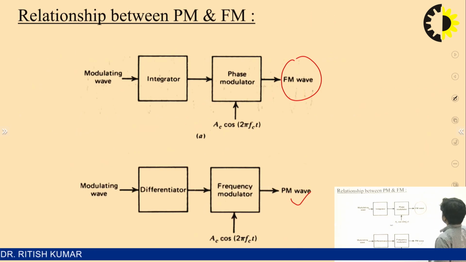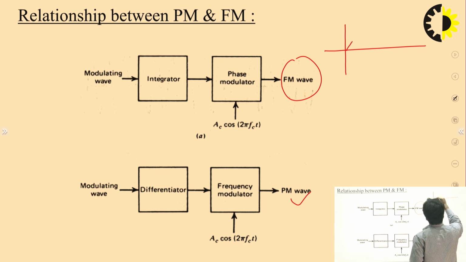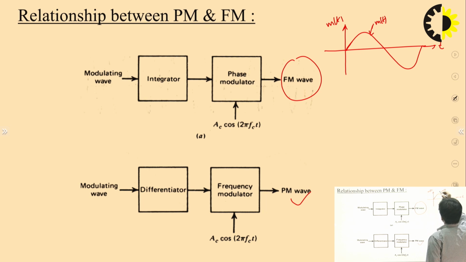So you can see, if you treat the message signal for frequency modulation like this, but for phase modulation you will have to take it like this, this is dm(t) over dt.